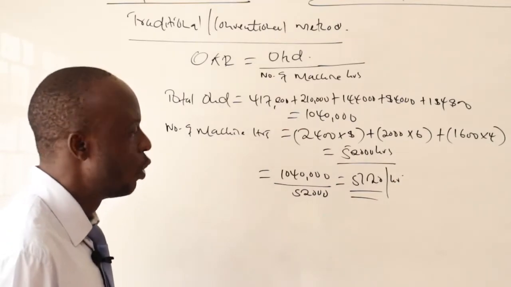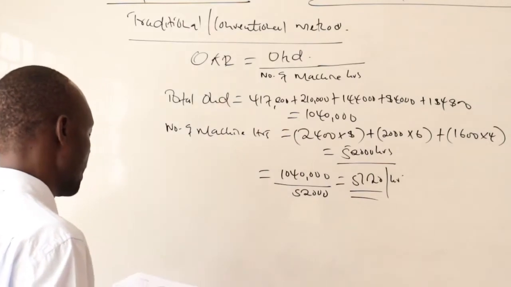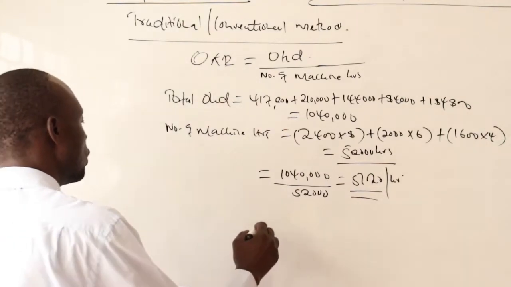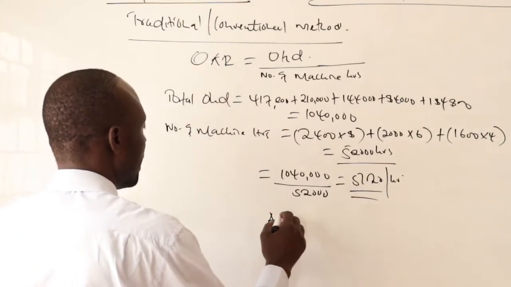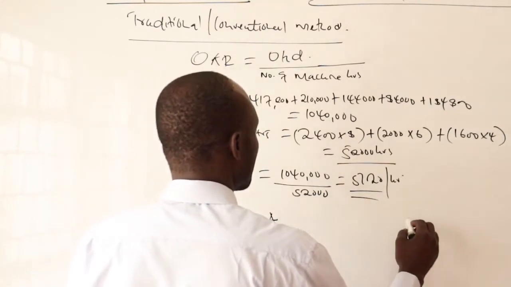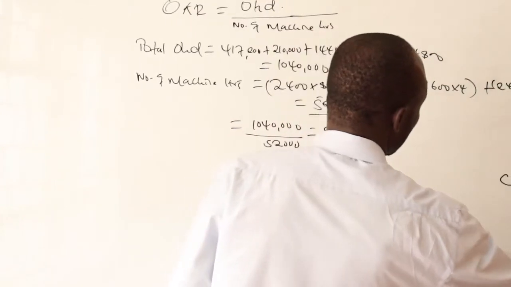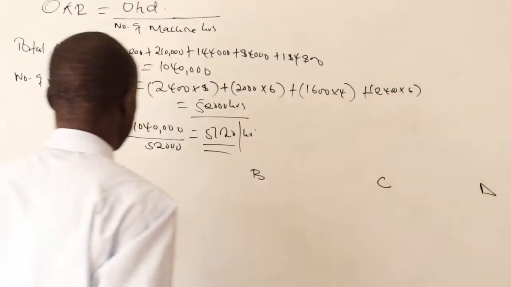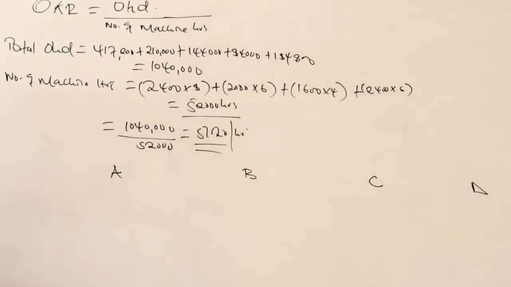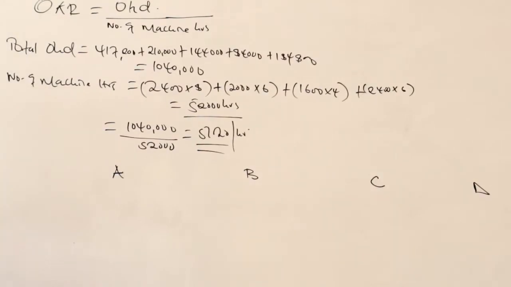After that, we'll come here and list the products. We have product A, product B, product C, and product D. We want to determine the cost per unit. For us to get the total cost per unit, we'll accumulate the total cost of making the product.